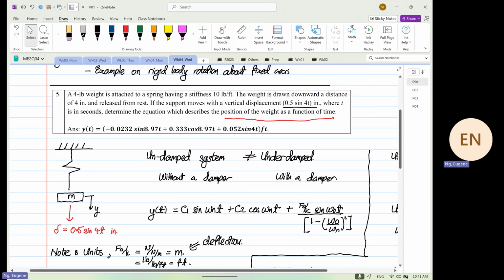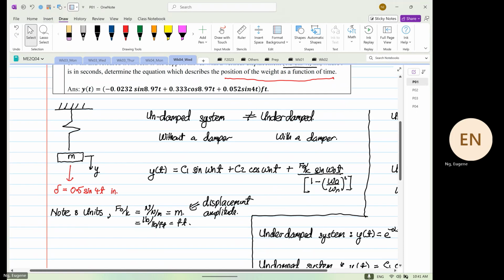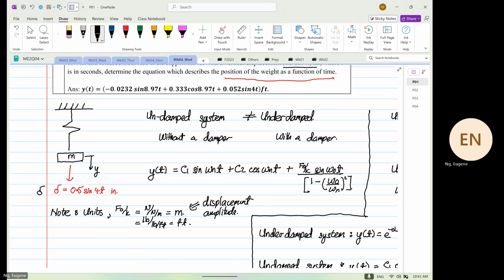This is in fact your displacement, sorry, deflection or displacement. Amplitude. Yes. Inches, delta, deflection or displacement.